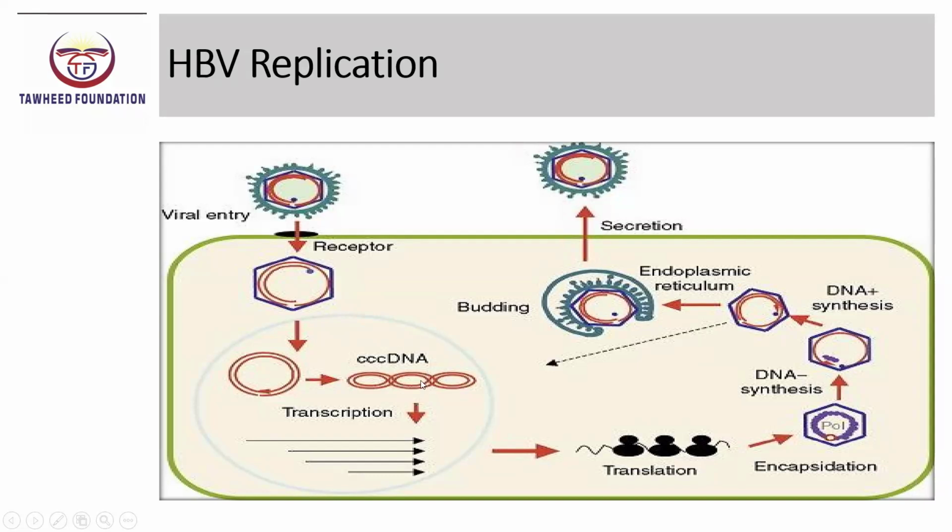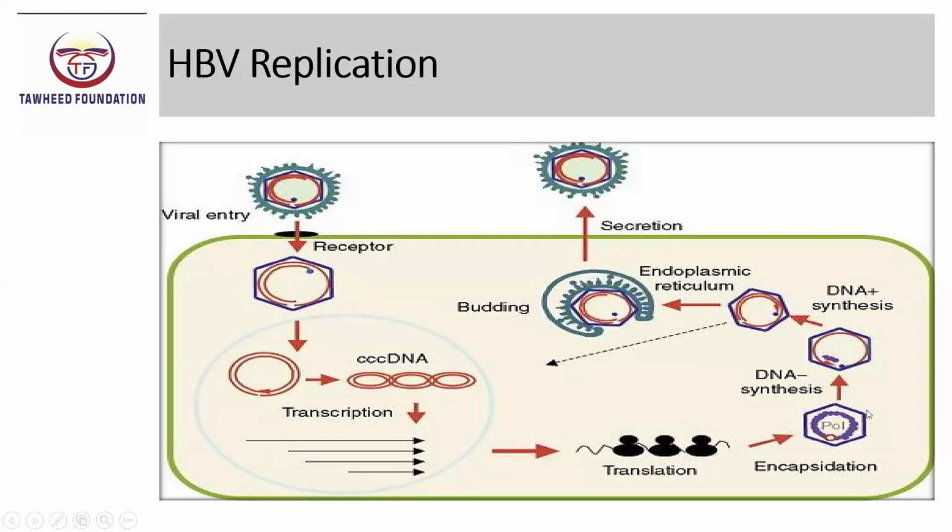This serves as a template for transcription of viral mRNAs, which are then exported to the cytoplasm for protein production. Translation: the viral mRNAs are translated by the host ribosomes to produce viral proteins required for replication and assembly.